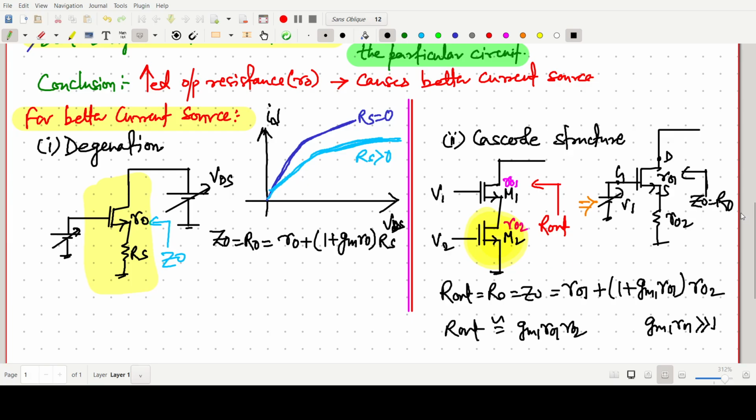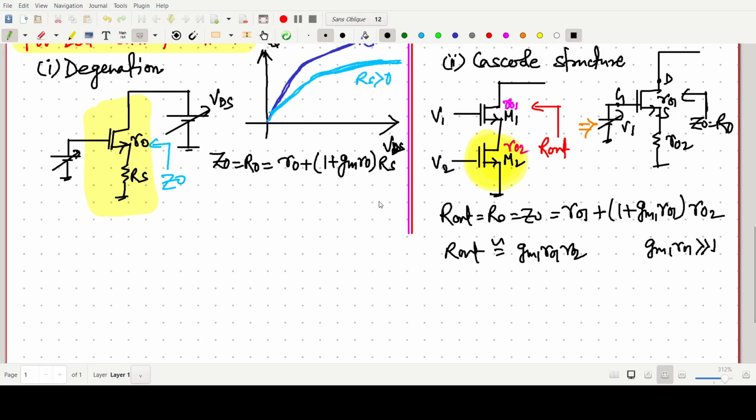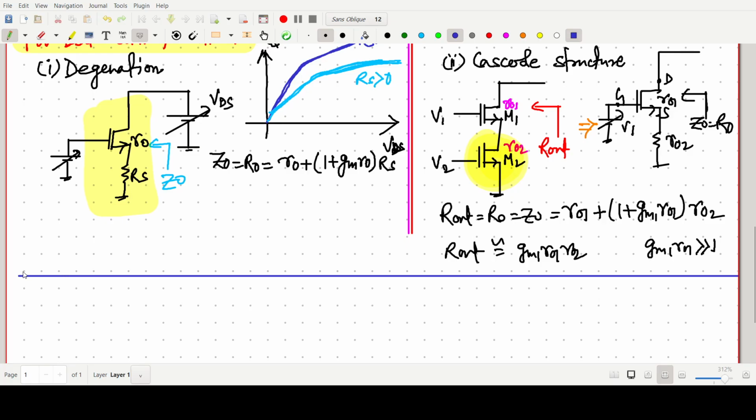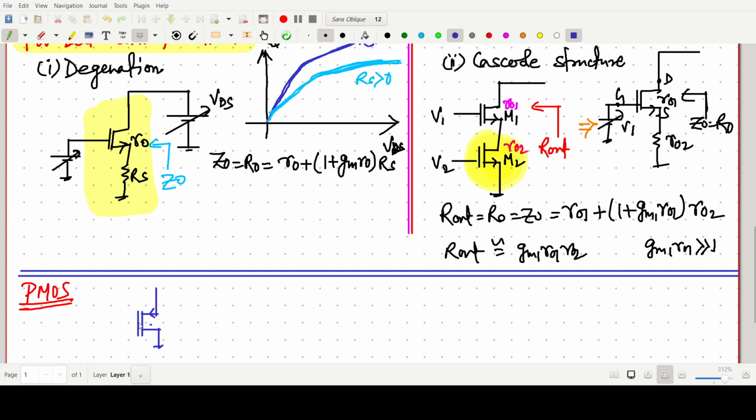Now this is all about the NMOS. For the PMOS current source, similarly, there is a PMOS, made like this, connected to the supply.